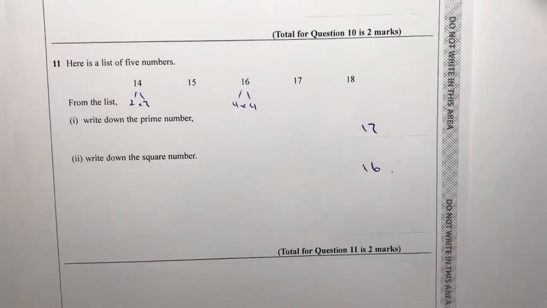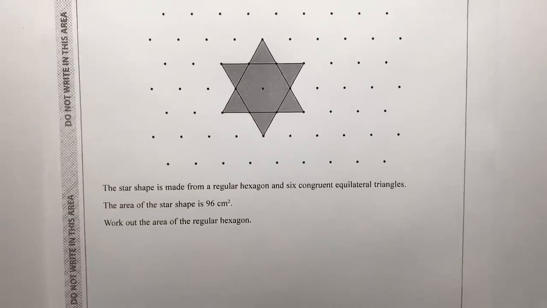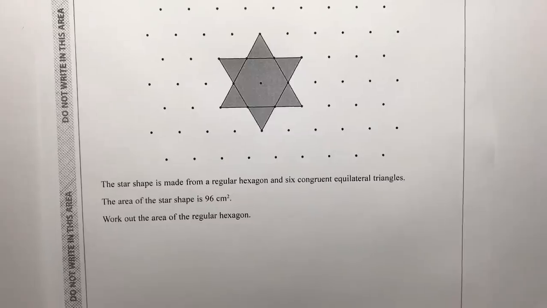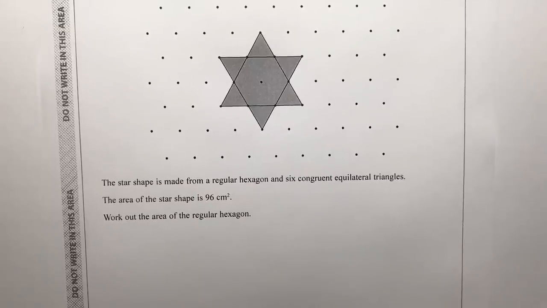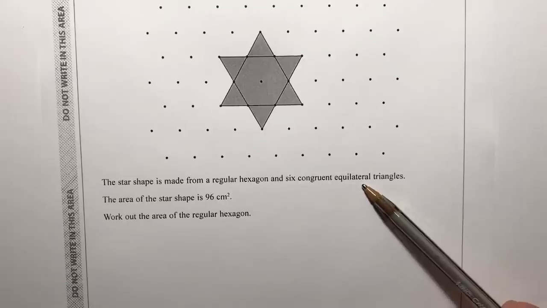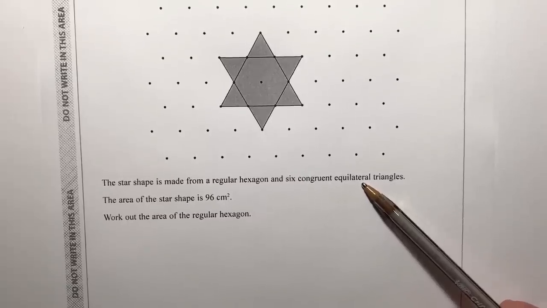So let's move on then to question number 12. Question number 12, we've got a star shape. Okay, and it says it's made up a regular hexagon and, okay, this word, 6 congruent equilateral triangles. Well, equilateral triangles, you might remember from primary school, it's triangles where the sides and the angles are the same.